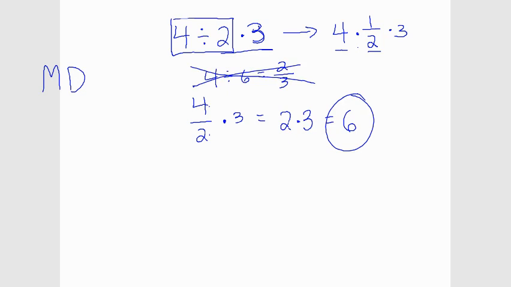So what's more, why do we deal with exponents before multiplication? It's pretty much the same idea as why we deal with multiplication before addition. Say I had the problem 2 cubed times 3. We have to remember multiplication is repeated addition, but exponentiation is repeated multiplication.